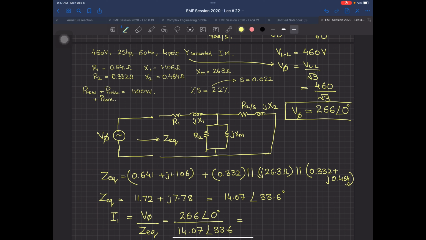Now whatever value you get, this 33.6 will go up and become minus 33.6, and this value I'm just copying from the book because no one is giving me the answer on calculator. This is 18.88 ampere. So this is your current which is flowing inside your machine. That is 18.88 ampere is the magnitude, and it is lagging the voltage by 33.6 degrees.